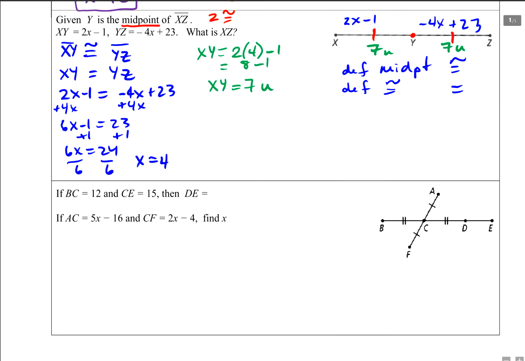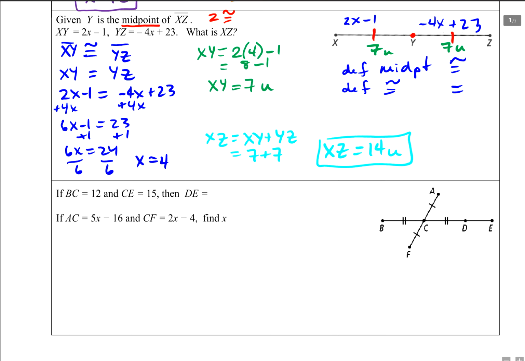I know this measures 7 units. And I know that the length of XZ equals the length of XY plus the length of YZ, which is 7 plus 7. The length of XZ equals 14 units.